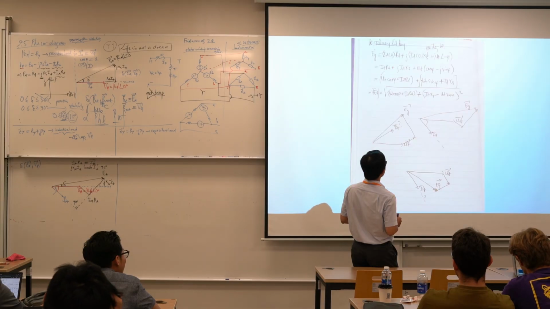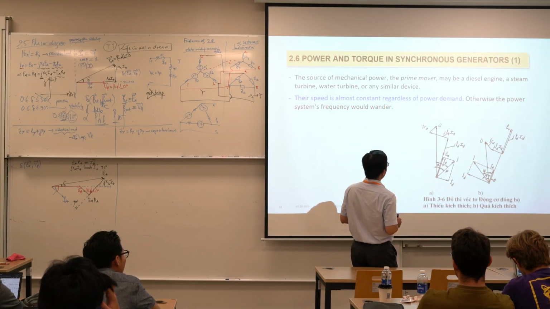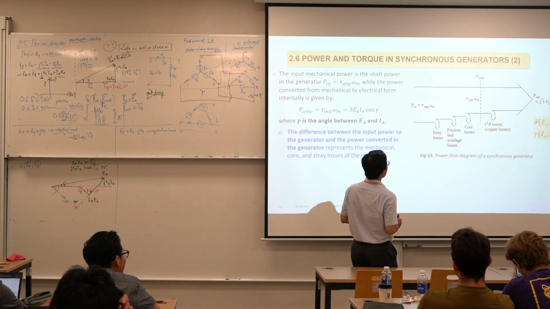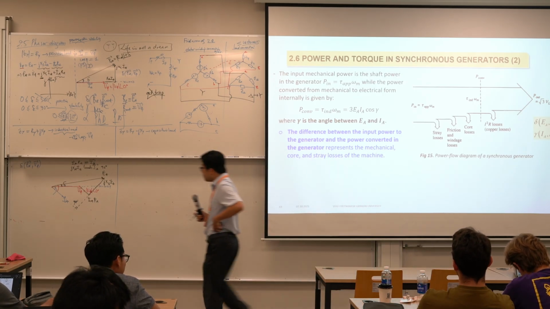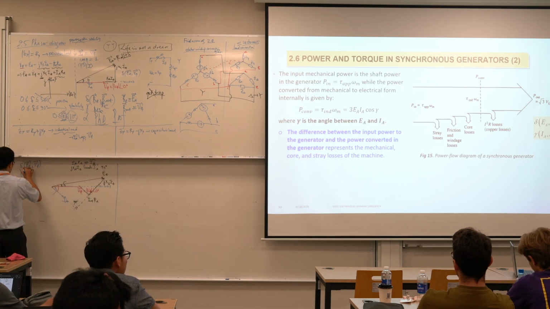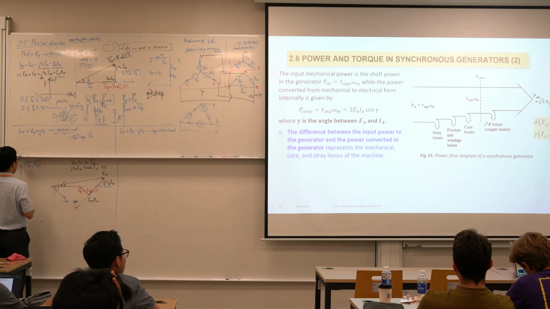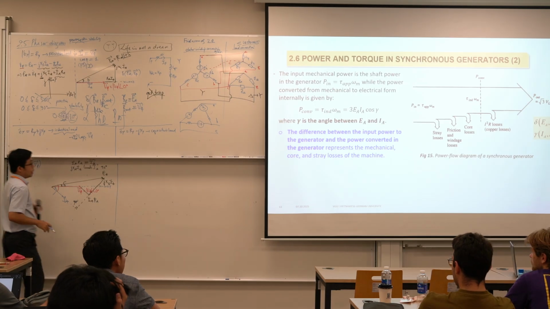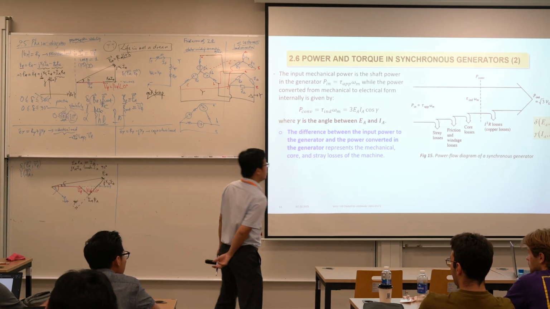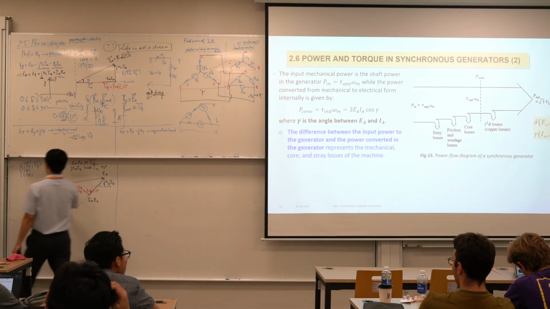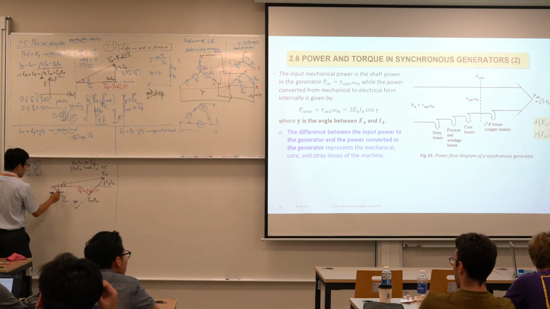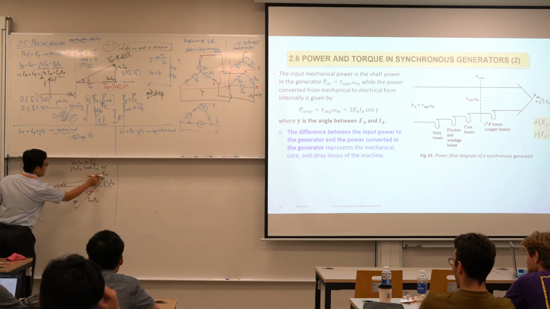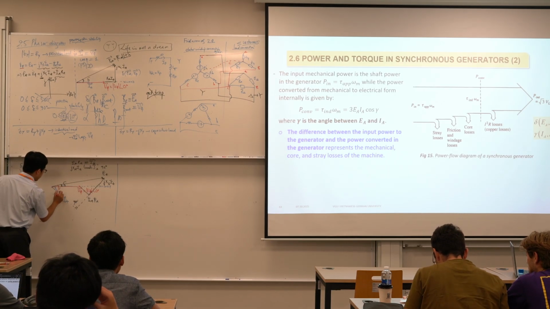Oh, my explanation. We say gamma. So gamma is the phase angle between IA and what? IA and EA. So here, this is EA, this is IA. So this one is gamma.